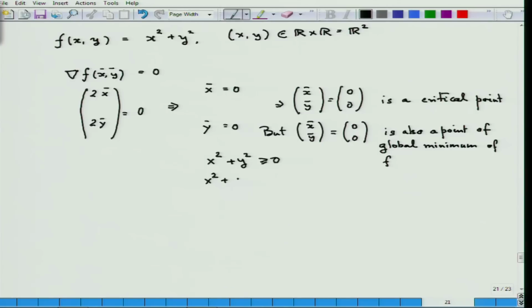Because this is all non-negative, this is true for all x y in R2. Because this is 0, this would imply that x bar y bar is truly a global minimizer.